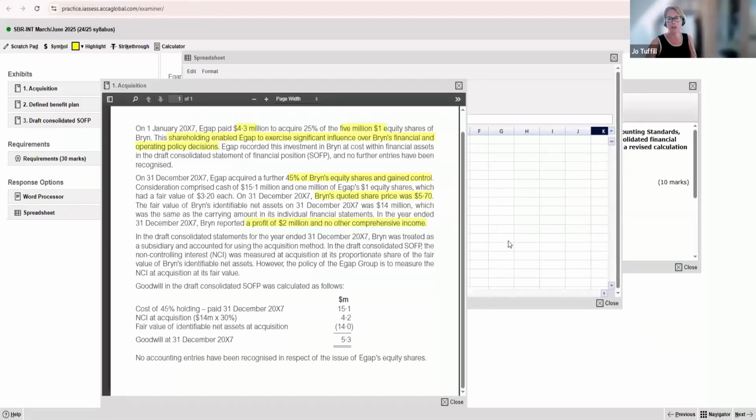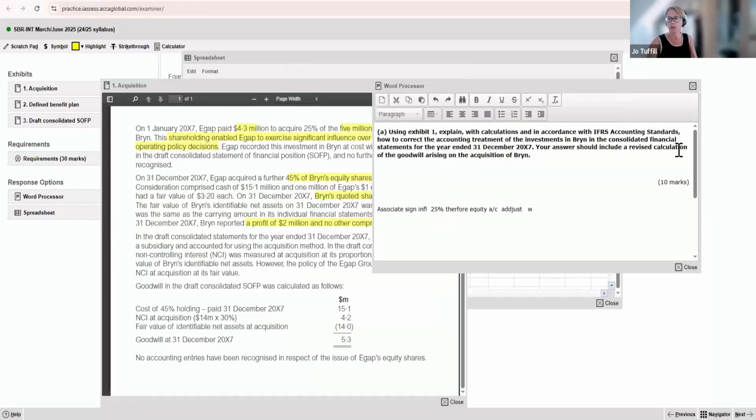So now the best thing to do before you write about it is to create the journal for these corrections. And don't forget, what did they say? You need to include a revised calculation of goodwill. So let's do the revised calculation of goodwill, and then the journals to correct will come out of that.